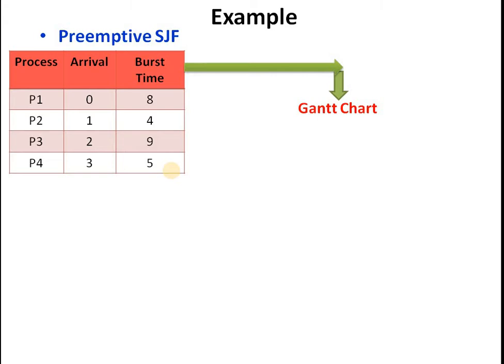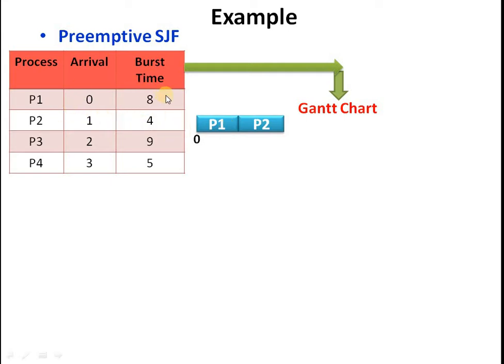As per the preemptive concept, the currently running process is P1 because it arrived first. So P1 is being executed. As P1 arrived first, its execution starts immediately, but just after 1 millisecond, P2 arrives.